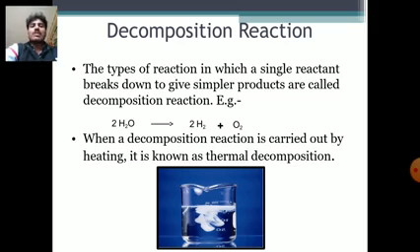We will observe the emission of brown fumes. These fumes are of nitrogen dioxide. The reaction takes place when lead nitrate, 2Pb(NO3)2, is converted into lead oxide 2PbO plus nitrogen dioxide 4NO2 plus oxygen.